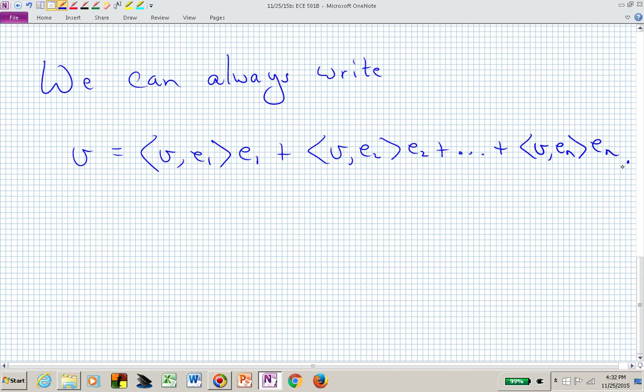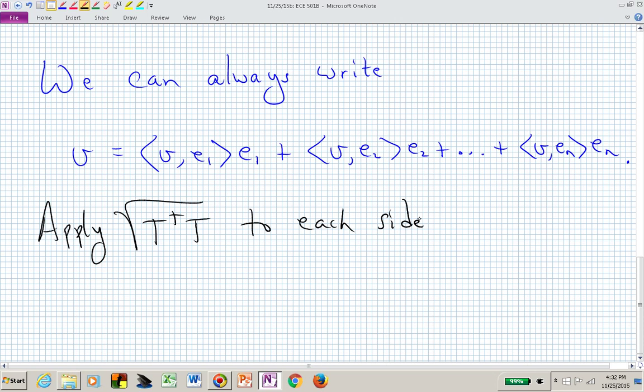Now, we can do that with any vector v. What if we apply to that equation the linear map, which is the positive square root of T dagger T? Let's apply the square root of T dagger T to each side of the above equation.